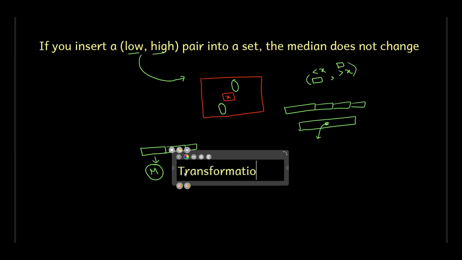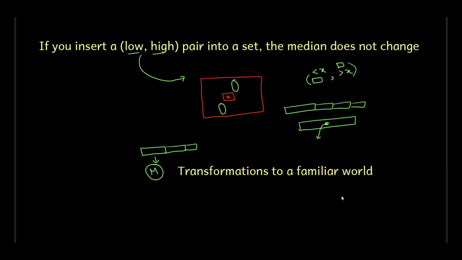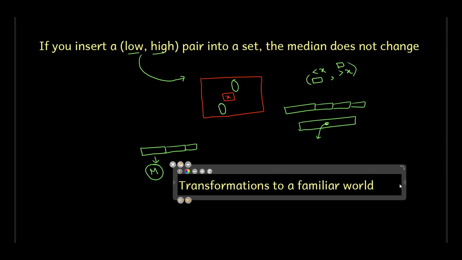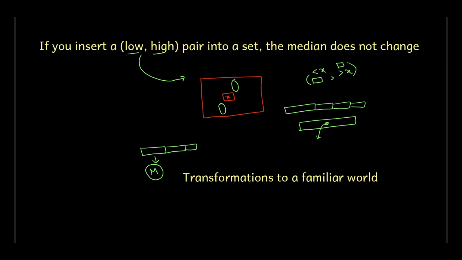You should always try to do some transformations, because median problems are usually hard to solve, but once you have converted to a different version of that problem, you will be able to solve it using some known techniques.